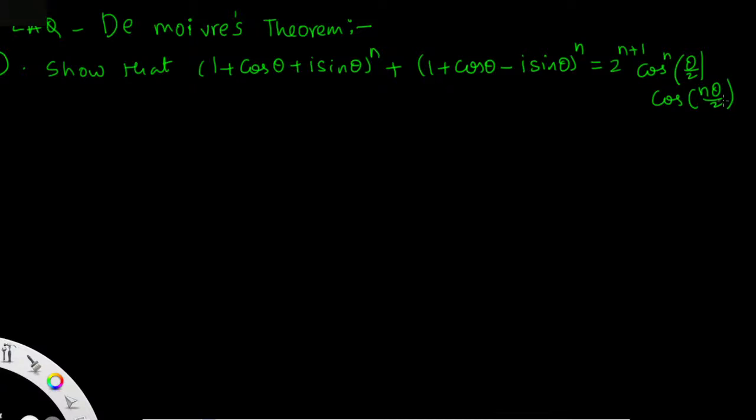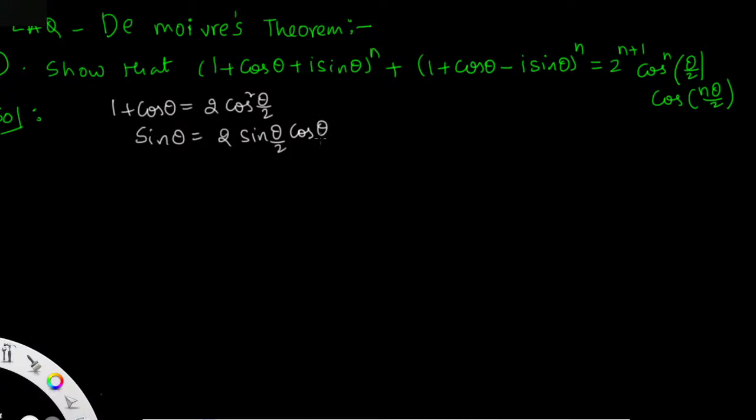So basic trigonometry formulas we have to apply here. First write down the formulas: 1 + cos theta = 2 cos^2(theta/2) and sin theta = 2 sin(theta/2) cos(theta/2).